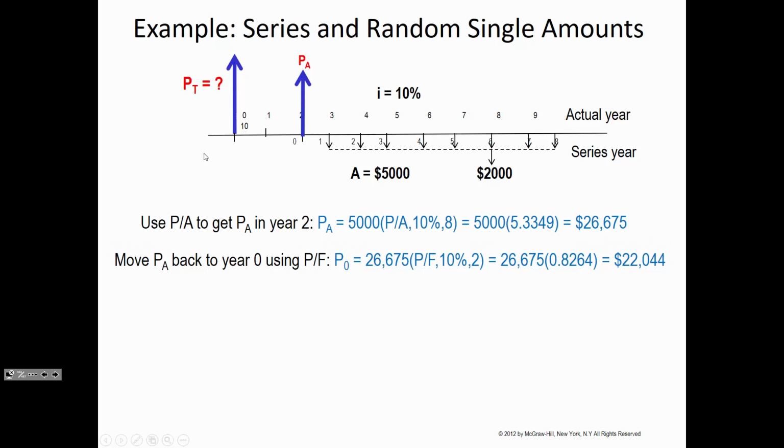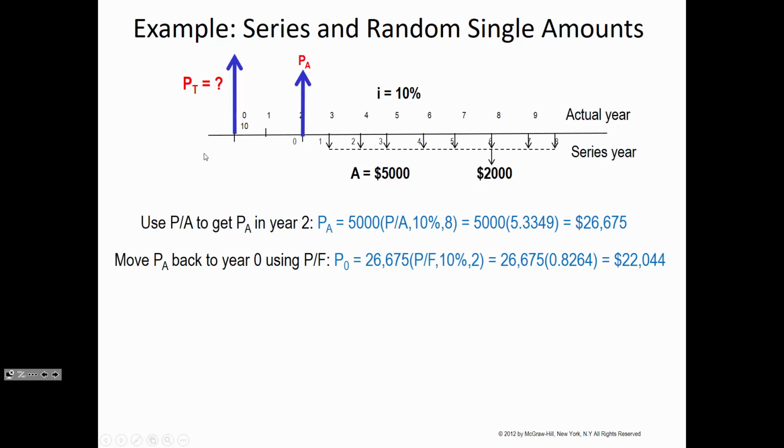Now, the single value that now has been moved to year 2 can be jumped to year 0 in one step, where we want to find the amount in year 0. That is our present value. But now what we were just barely in the previous step calling a present, now we're calling that a future.